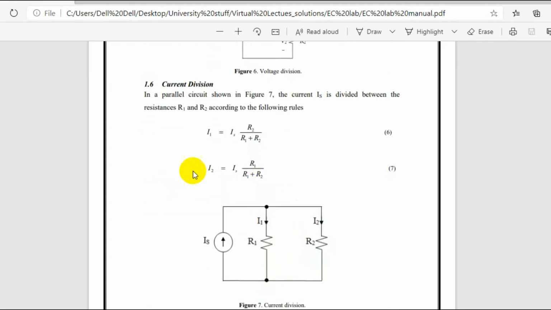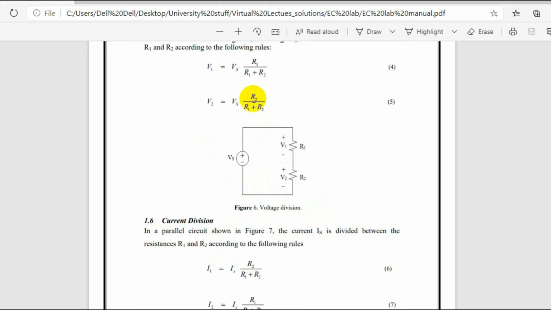Current division, same way: I1 is equal to I source times R2 by R1 plus R2, the influence of the current I2 on R2. Same way, I2 is I source times R1 by R1 plus R2.